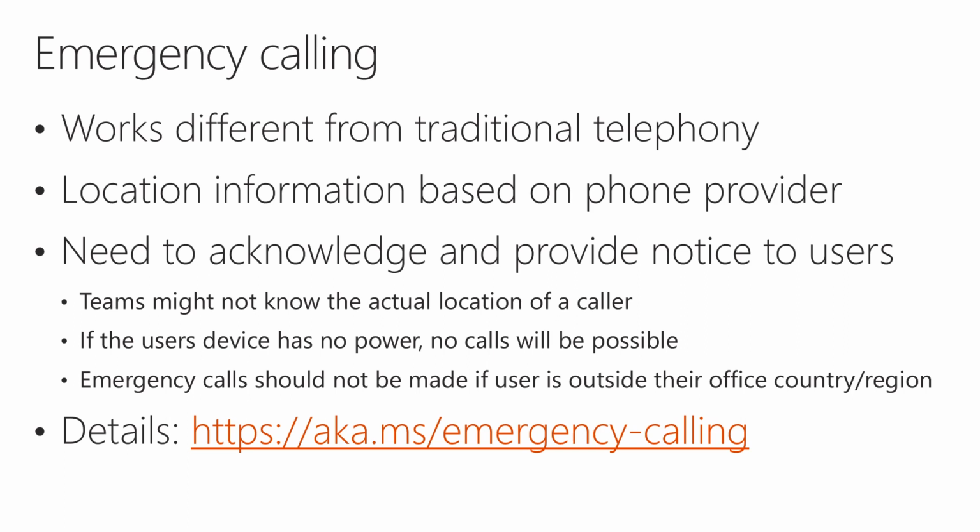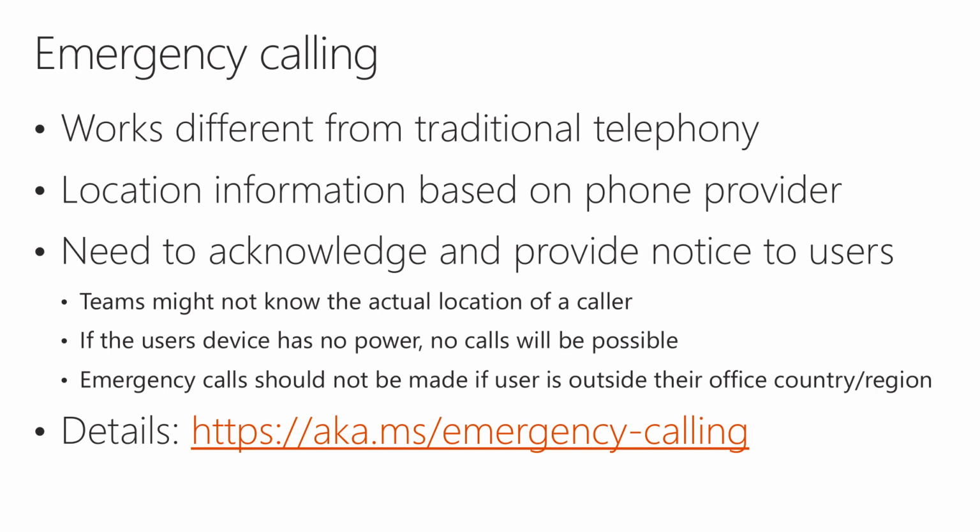Emergency calling works a little bit differently from traditional telephony. In traditional telephony, you have a phone line and it goes to a certain location. So if an emergency call comes from a certain phone number, you know what location it came from. In Teams, because users can just roam around, that doesn't work exactly that way. Still, the location information is based on the phone provider.